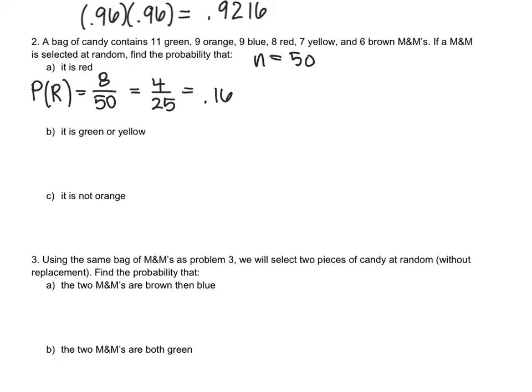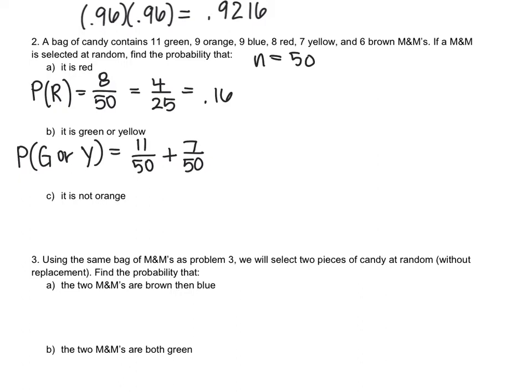Okay. Next, we want to find the probability that it is green or yellow. So there are 11 green and there are 7 yellow. So remember, anytime you're finding an or, you also have to ask yourself, are these events mutually exclusive? Because if they aren't mutually exclusive, you have to subtract the overlap. And in this case, the M&Ms are mutually exclusive.